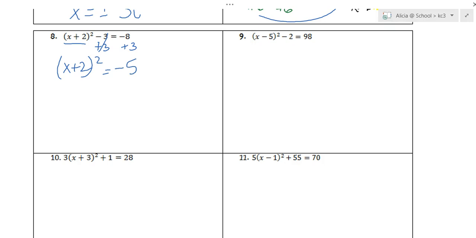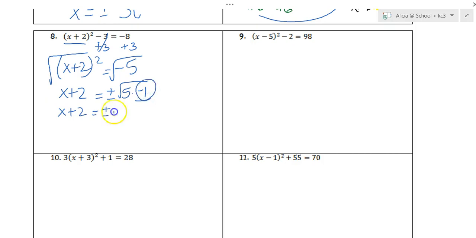I then take the square root of both sides. Taking the square root of something that's being squared, I'm just left with my base, which is x plus 2. I do have my plus and minus sign. I'm going to separate my 5 times my -1. x plus 2. Bring over my plus minus sign. That -1 is my i. Right? There is no square root of 5, so I'm just going to add that on. Again, notice the i is in front of the square root sign.